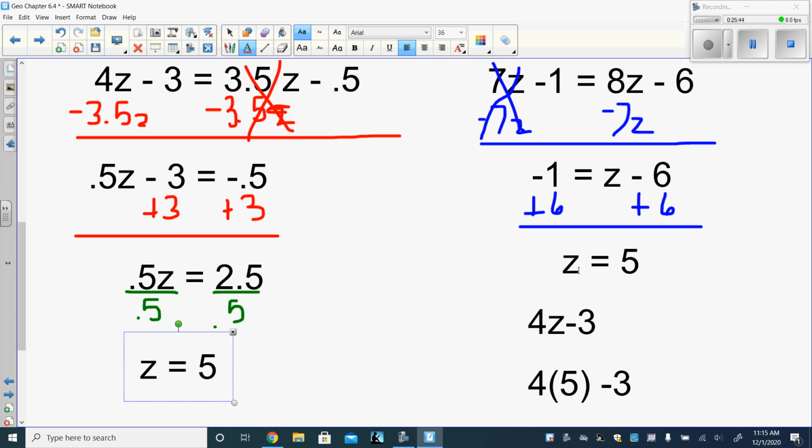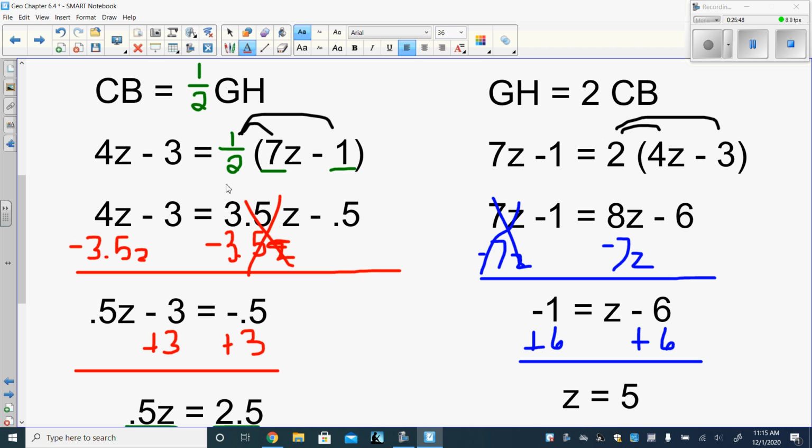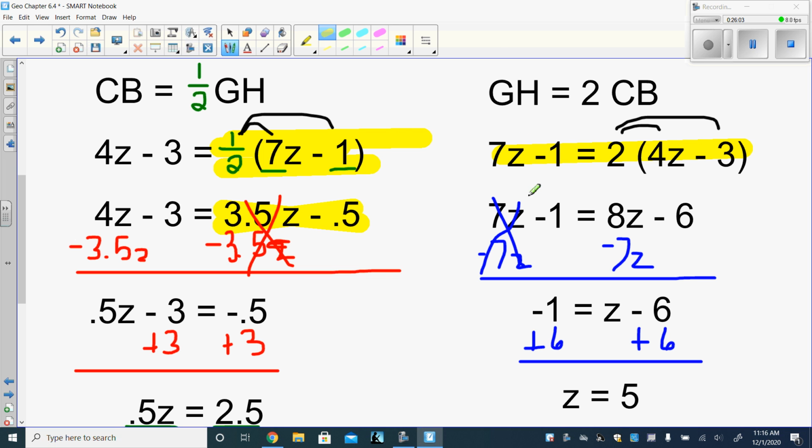So I do it the other way because multiplying by 1/2 here does not give me whole numbers, so I went this way. I did it this direction because it's a little bit easier.